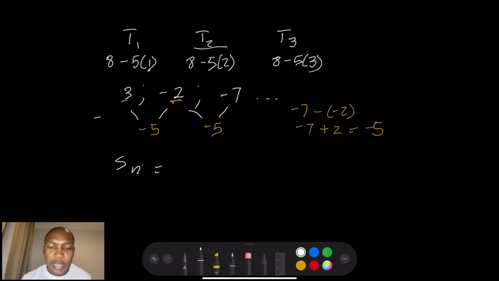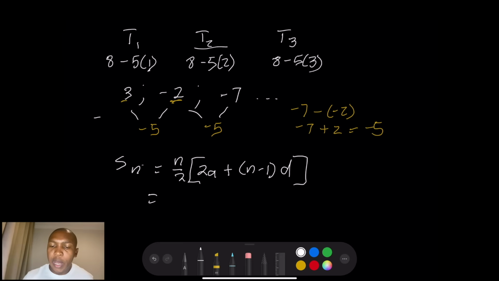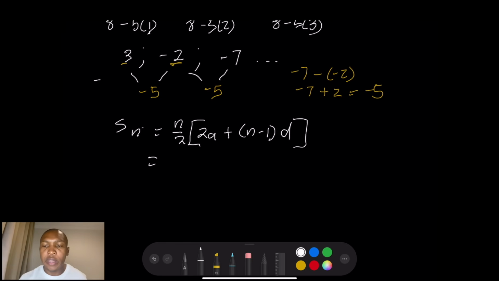So we've got Sn is equal to n over 2 into 2a plus n minus 1 times d. Just keep in mind that's our formula for the sum of an arithmetic sequence. We know this is an arithmetic sequence, we've got a common difference, so now we're looking for S30.